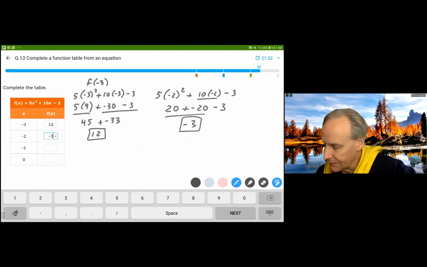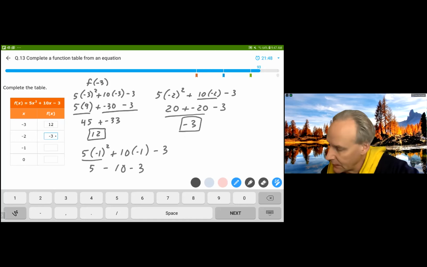Let's see, we've got 5 times negative 1 squared. I'll go ahead and write it out. Plus 10 times negative 1 minus 3. This is going to be 5 minus 10 minus 3, which is going to be negative 8.